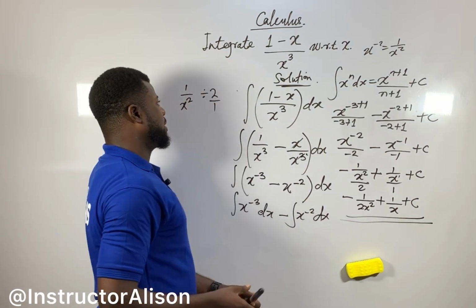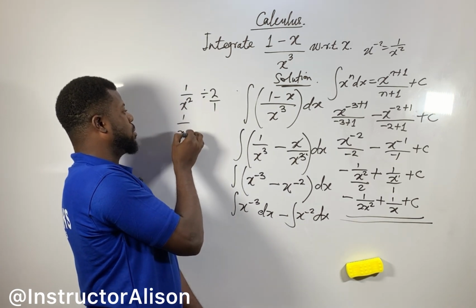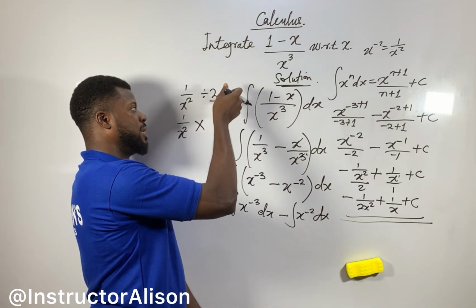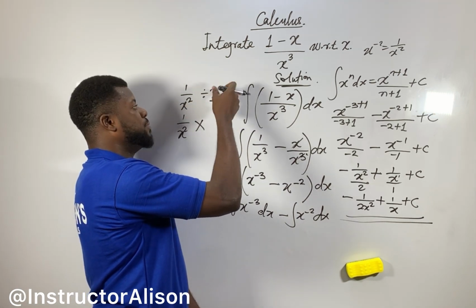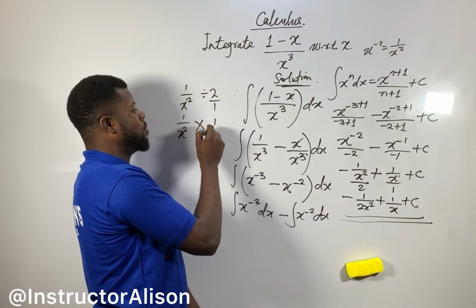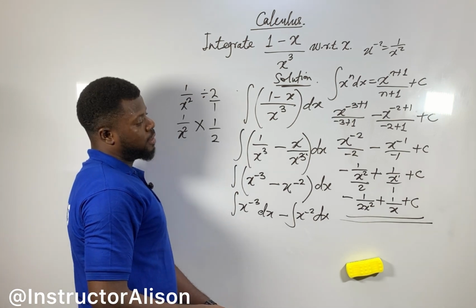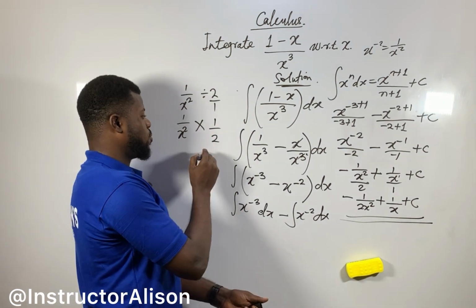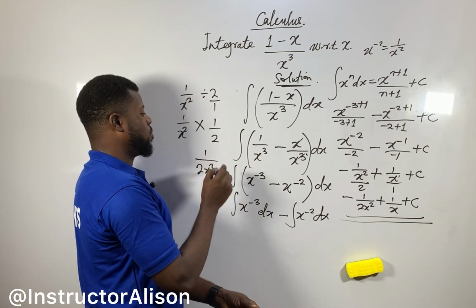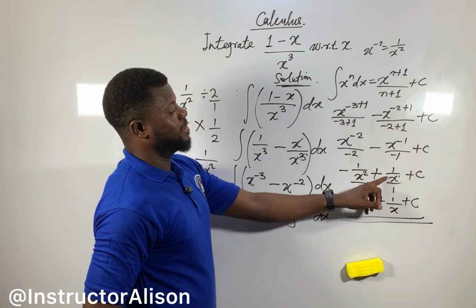When you see division, you change division to multiplication. Immediately you change division to multiplication, you invert the term after the division sign. You flip this one. As you change the division sign to times, you turn this one upside down, 1 over 2. That's what they do in maths. So 1 times 1 gives me 1 over x squared times 2, which gives you 2x squared. That's how I get this. Shortcut: just carry this one and multiply.